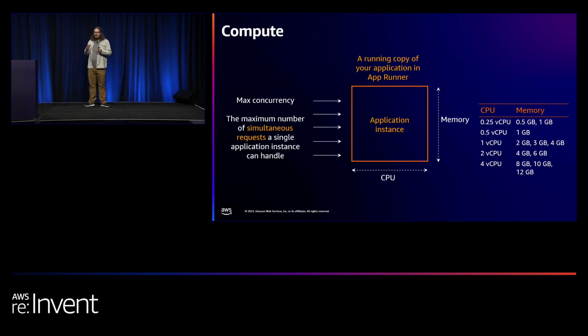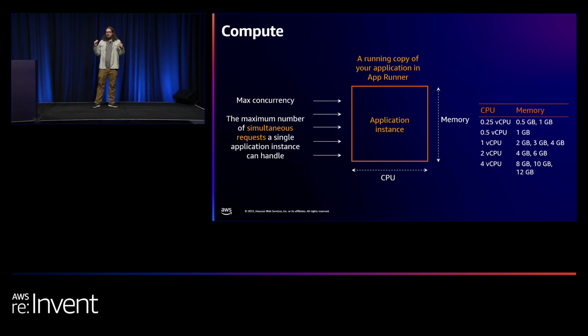So this application instance, with its given CPU and memory, is going to be able to serve multiple simultaneous requests. Now, this differs from something like a Lambda function. If you're familiar with a Lambda function, you specify how much memory you want to have. So the Lambda function has a size to it, but each individual function instance is only ever serving a single request at a time.